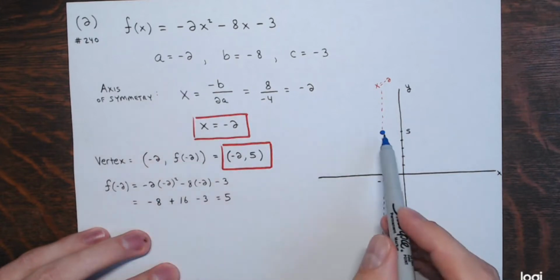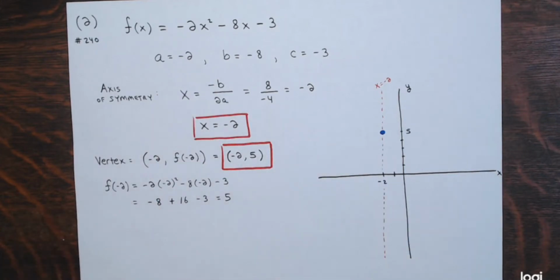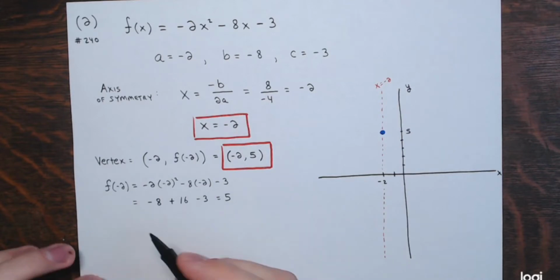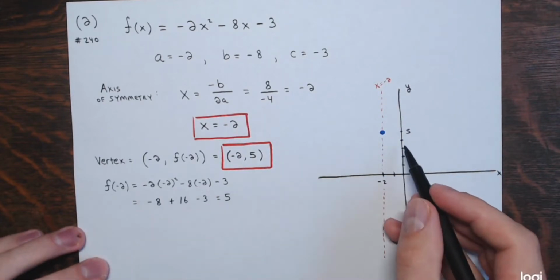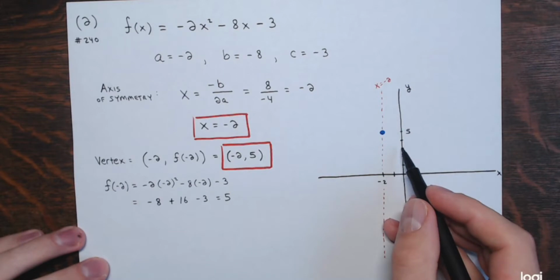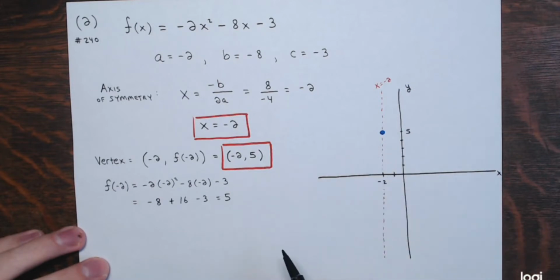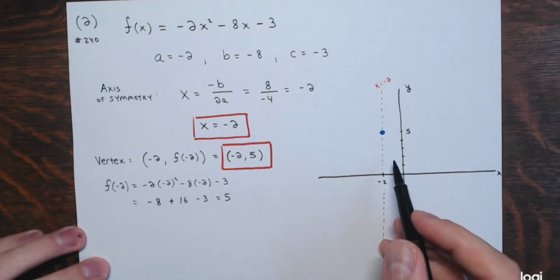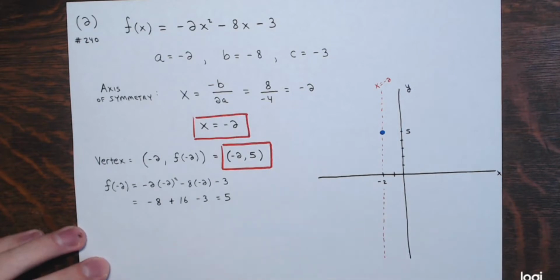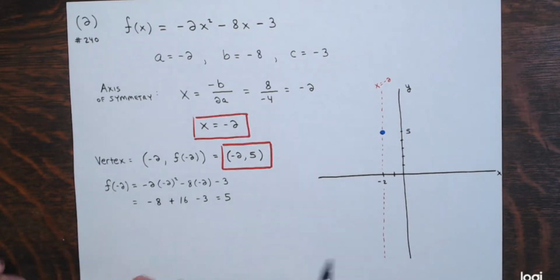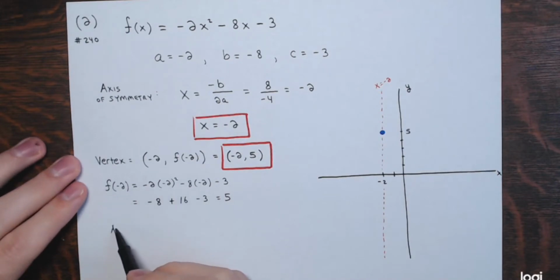So all I need now is to find a point on the right side of the axis of symmetry and a point on the left side. Once you have a point on either side and the vertex, you can make a very rough sketch of the graph. So another point, a point that's not the vertex.